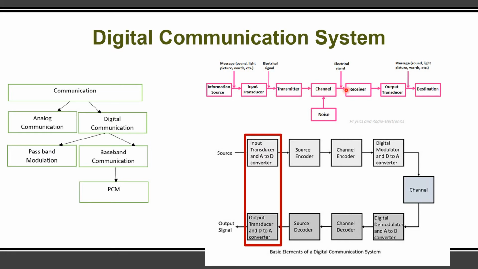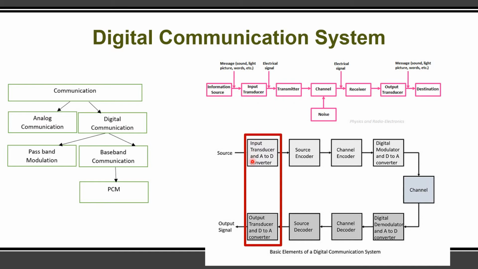The reverse process is implemented on the receiver side. So what is the major difference between an analog communication system and a digital communication system? A few more additional blocks are available on both the transmitter side and the receiver side. You can see here the source encoder and channel encoder; both blocks are new in digital communication. These two blocks are not available in analog communication.